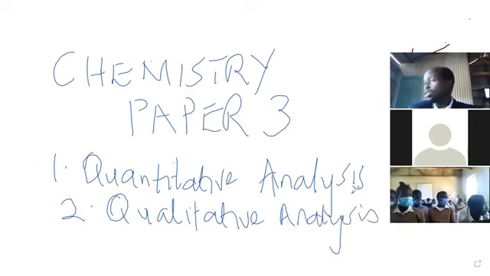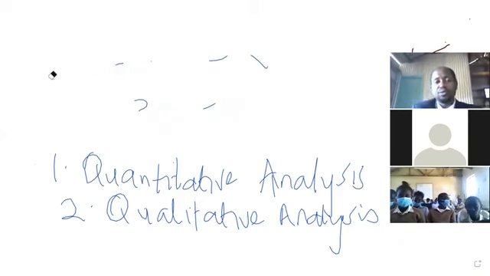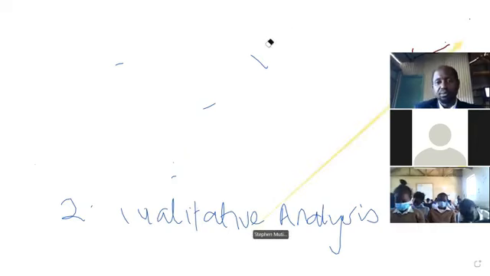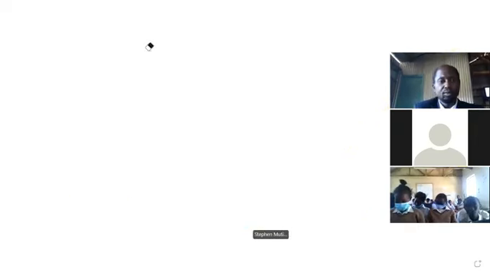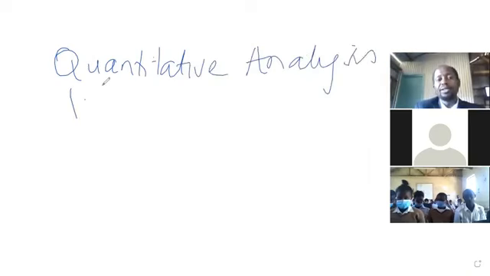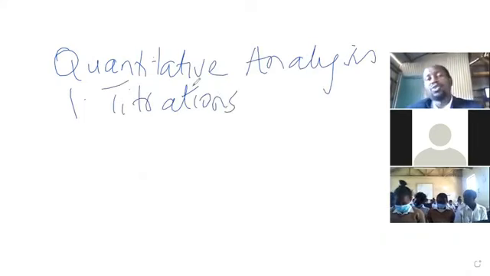So the areas under quantitative analysis that have previously been tested include the following. Number 1, titrations. Titrations are also called volumetric analysis.